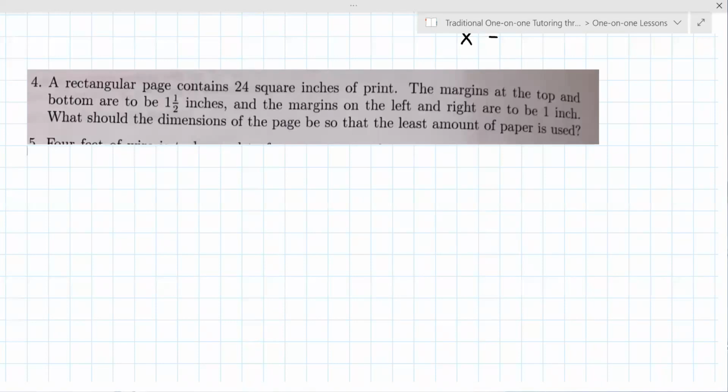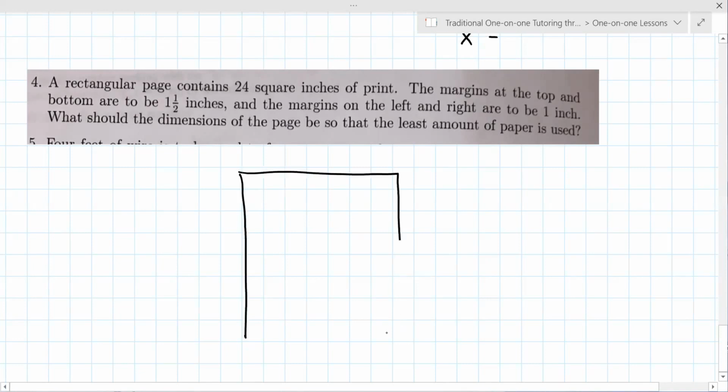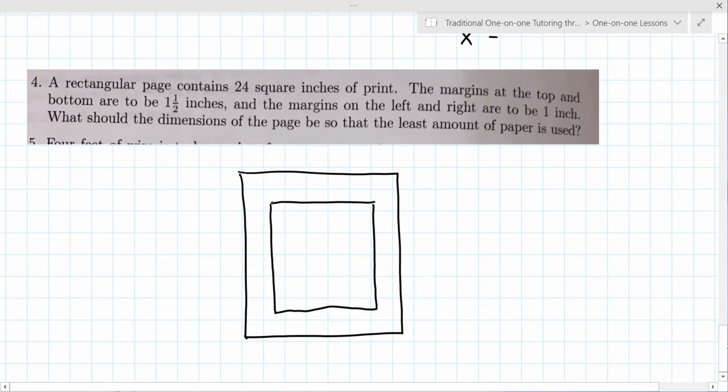Rectangular page containing 24 square inches of print. So a rectangular page we know looks like this. The margins at the top and bottom. This one is weird. As a student, I almost wanted to ask the teacher, is this the right picture?